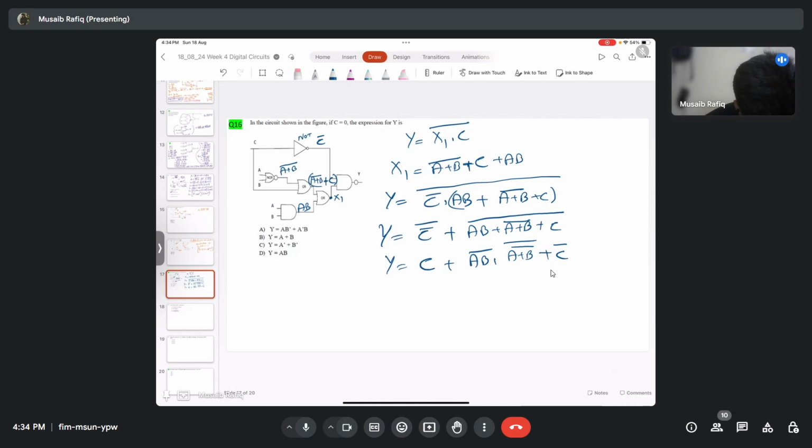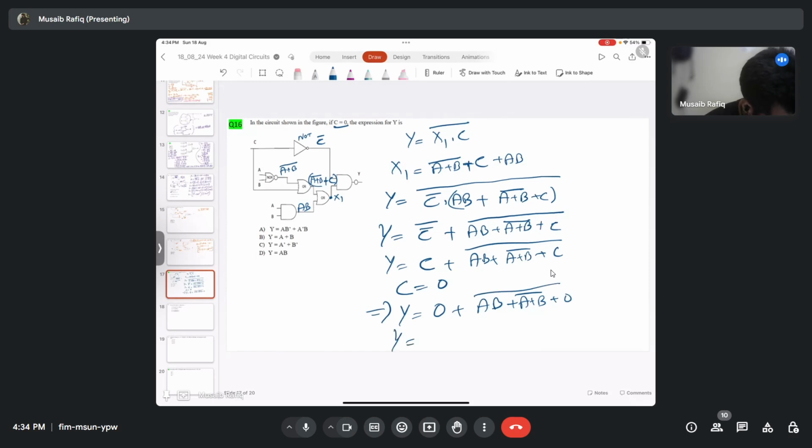Okay, what we can do here, since we have the liberty, let me just write here, C equal to 0. That implies, as given in the question, y is equal to 0 plus AB plus (A plus B) whole bar plus 0 bar.